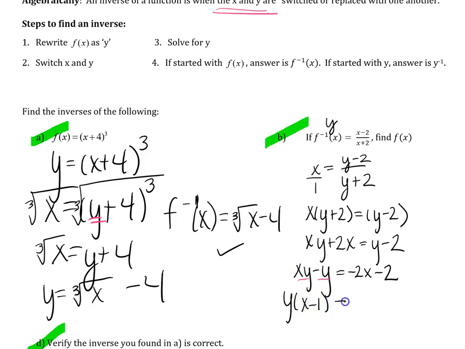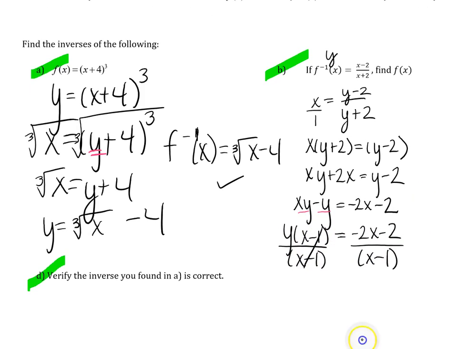That allows me to get 1y. And then I just need to divide by x minus 1. And then we're done. Remember, you started with the inverse when we wanted the original. So that means f of x is equal to negative 2x minus 2 all over x minus 1. And we're done.